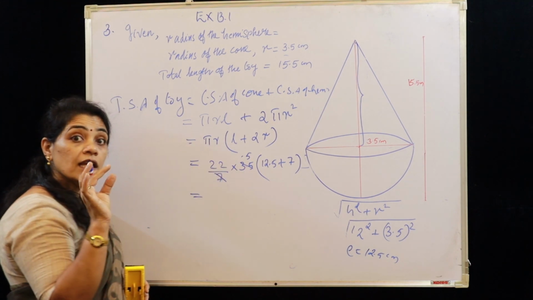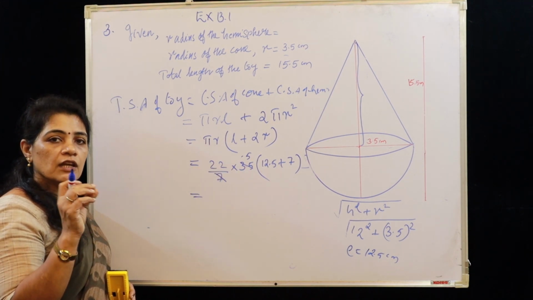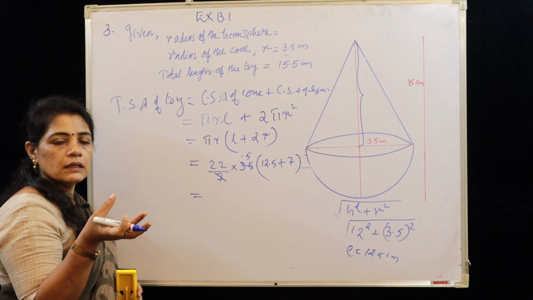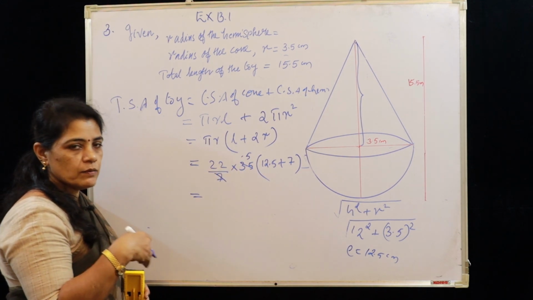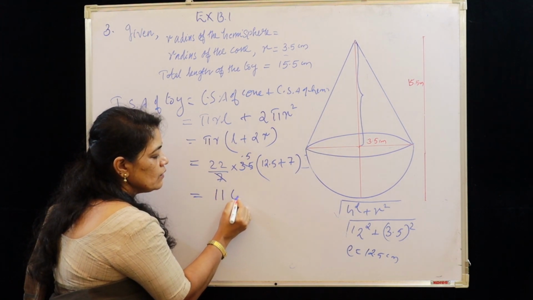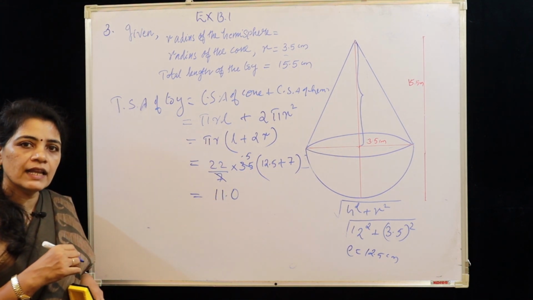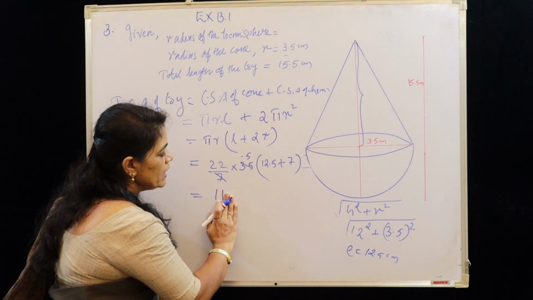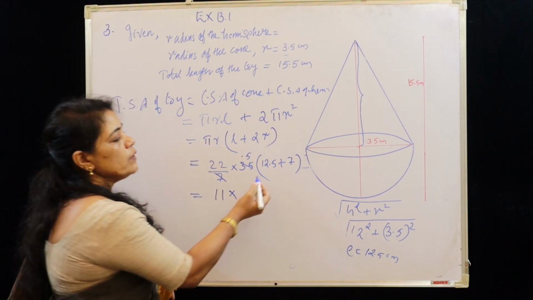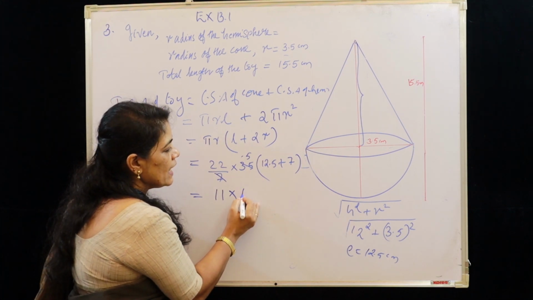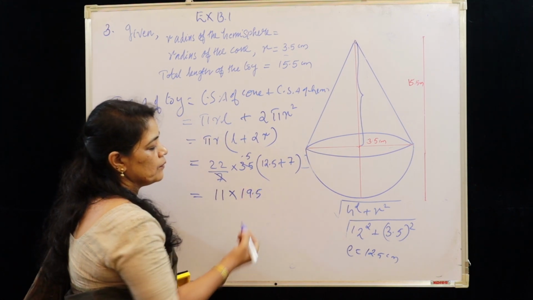7 in 3.5, 35, 5 times, so 0.5. So 22 into 5 is 110, so one decimal place should be shifted to the left, so 11. Hope this is clear. 11 into 12.5 plus 7, which is 19.5.